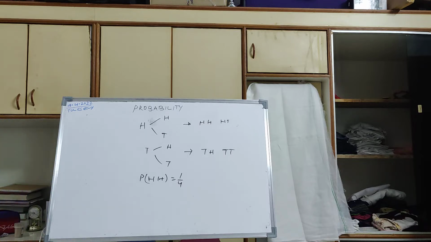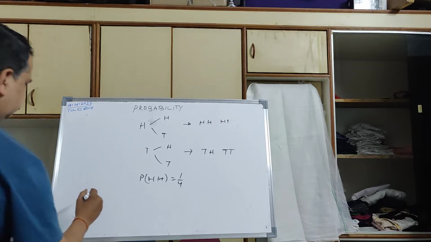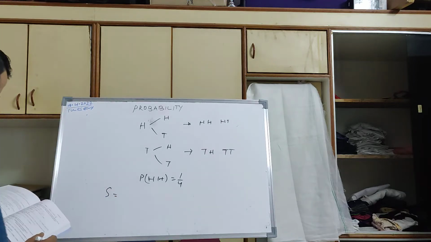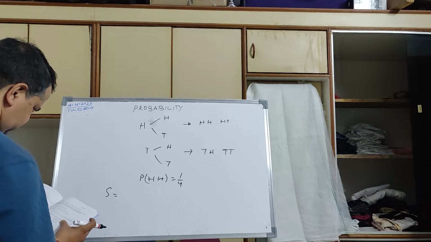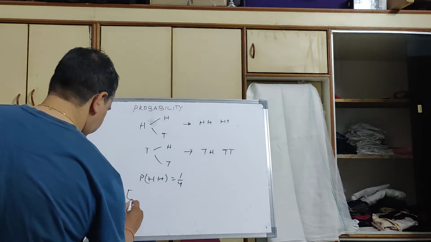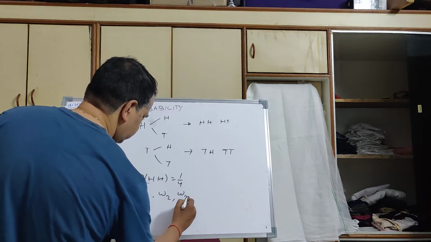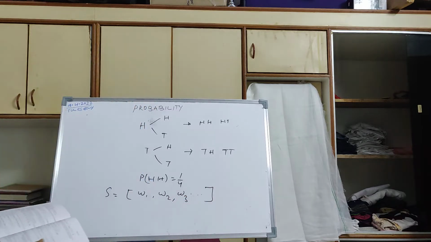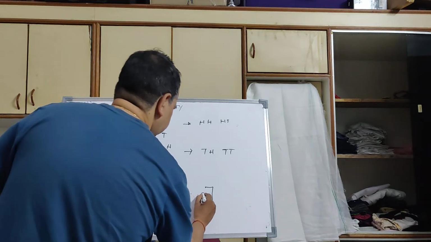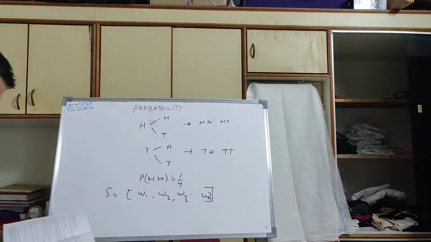Then let us go into another numerical: probability of equally likely events. Let the sample space of an experiment be equal to W1, W2, W3, and so on till Wn. Let all the outcomes be equally likely to occur.